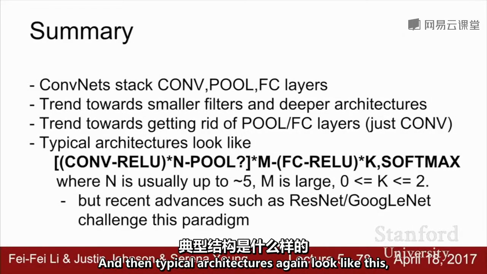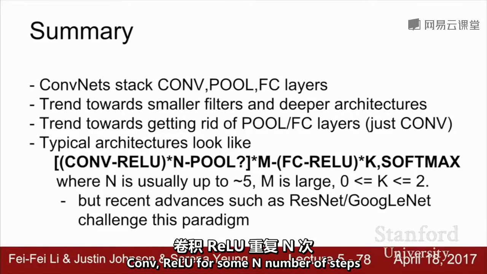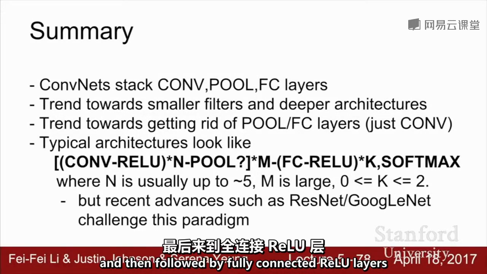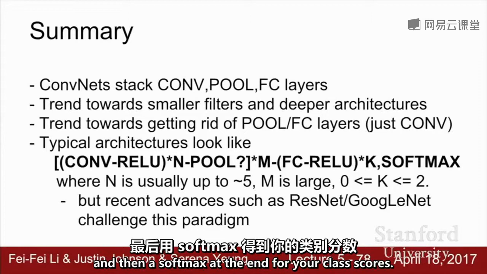And then typical architectures look like this. As we had earlier, conv ReLU for some n number of steps, followed by a pool every once in a while. This whole thing is repeated some number of times, and then followed by fully connected ReLU layers, one or two or just a few of these, and then a softmax at the end for your class scores.